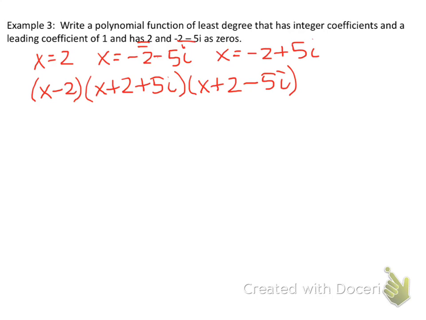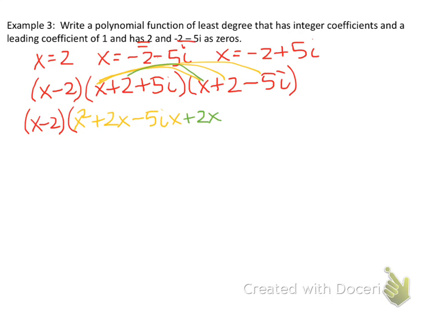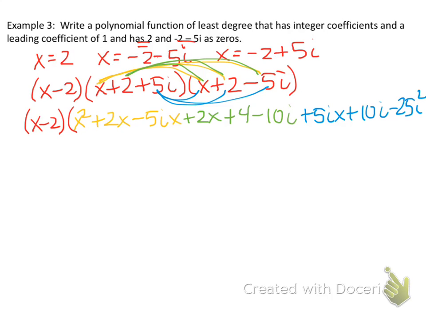I would recommend, first of all, foiling the second 2 with the i's, because you'll notice that as I multiply this together, again, foiling, multiplying everything in the first parentheses by everything in the second parentheses. And now I'm going to combine like terms before I multiply that x minus 2 times that big mess.